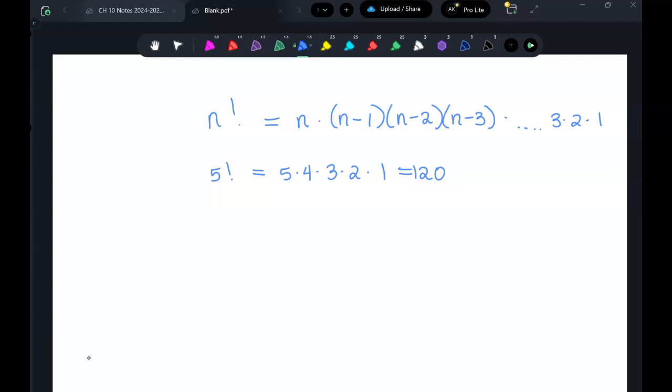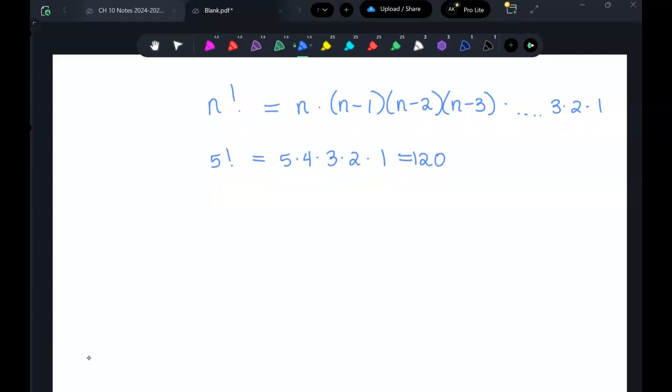So one of the things we have to be able to do is simplify factorials. For example, if I have something like n factorial over n minus 2 factorial, we just need to be able to simplify this.